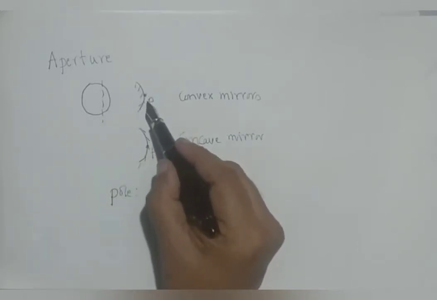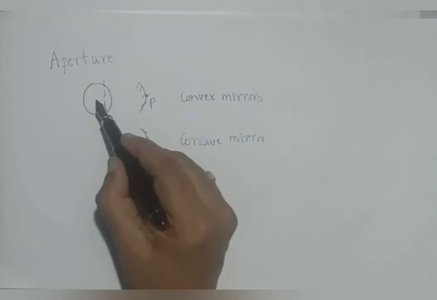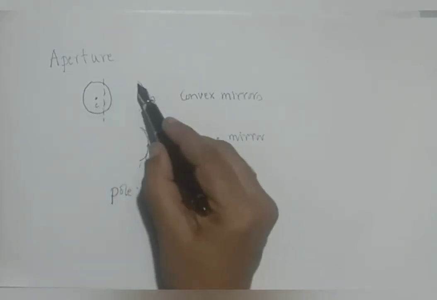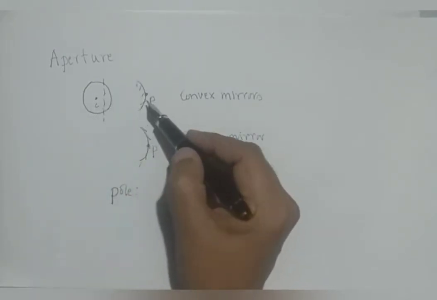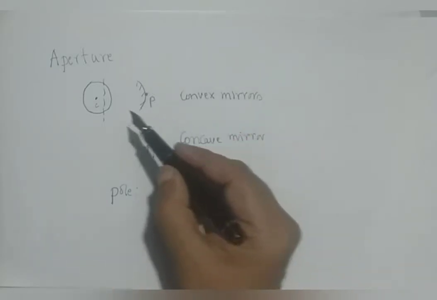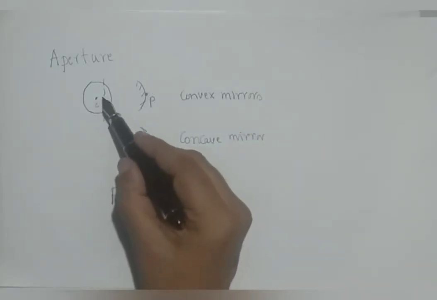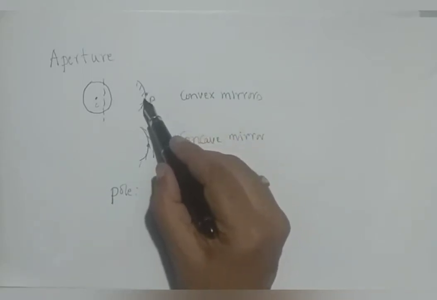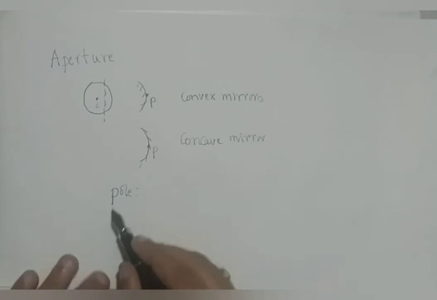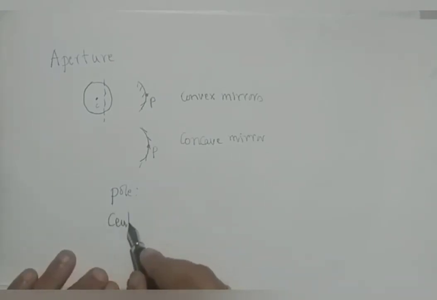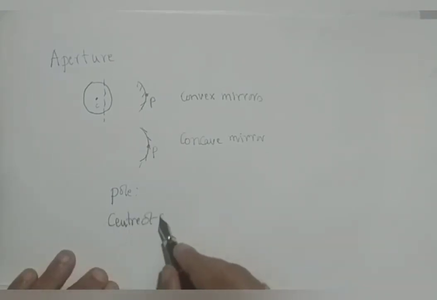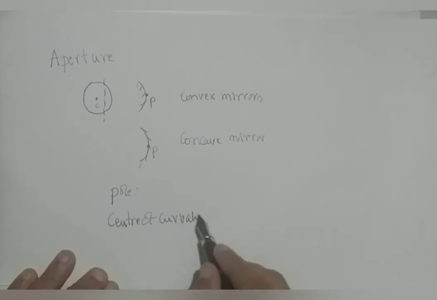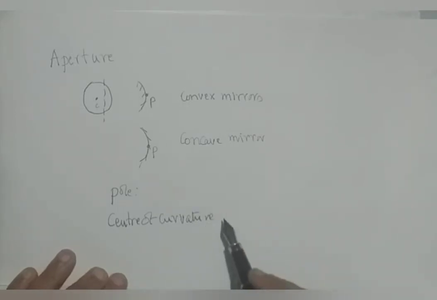Therefore, the sphere center also serves as the center for getting this curved surface or spherical mirror. Therefore, that center of the sphere of which this curved surface forms a part is called the center of curvature. Center of curvature is the center of the sphere of which the curved surface forms a part.